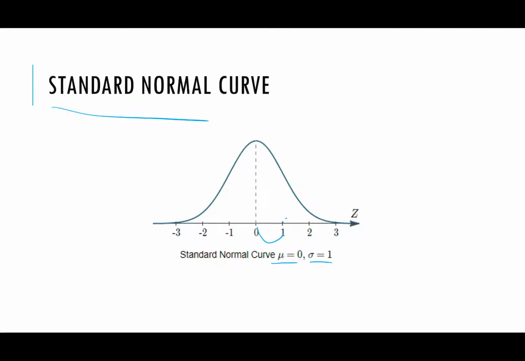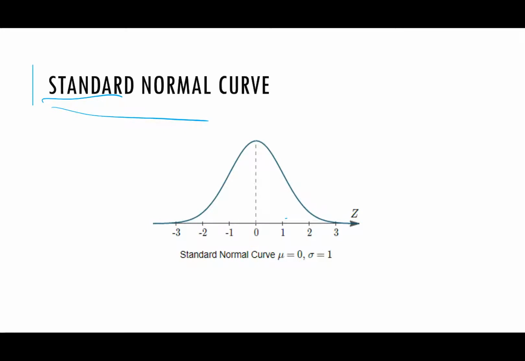So from here to here is, as we talked about, 68% of the data. If I went from -2 to +2, that would total 95%. If I went from -3 to +3, 98% of our data would fall in that region. So it's the same normal distribution we looked at, but standard normal means the mean is always 0 and the standard deviation is 1.